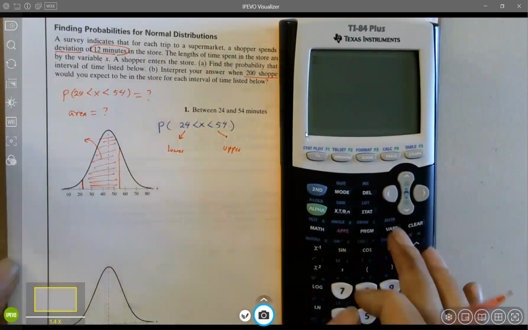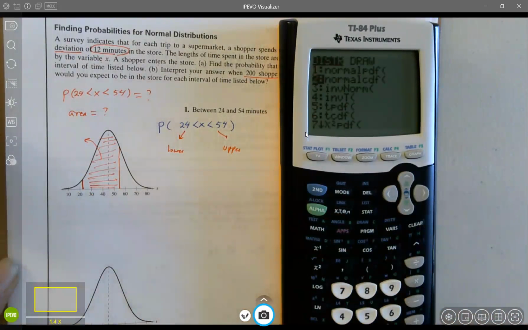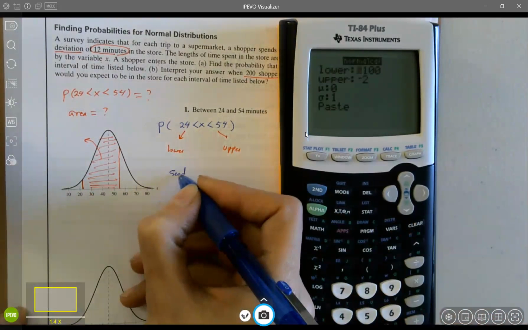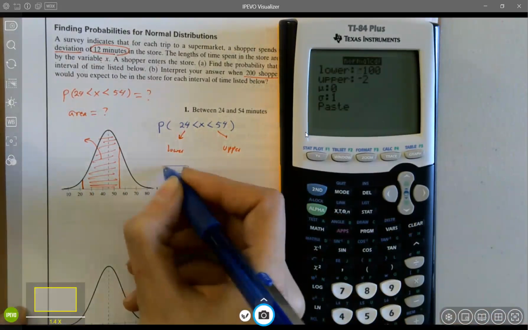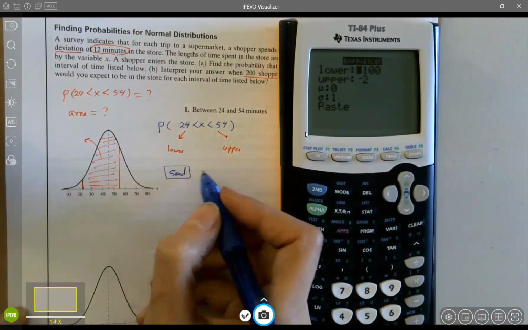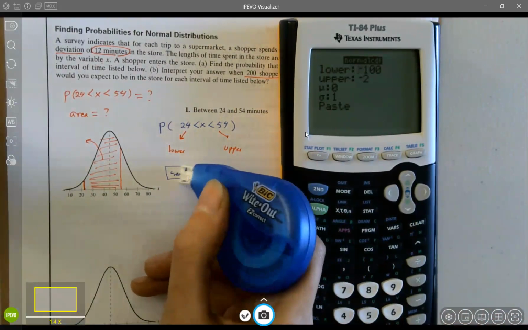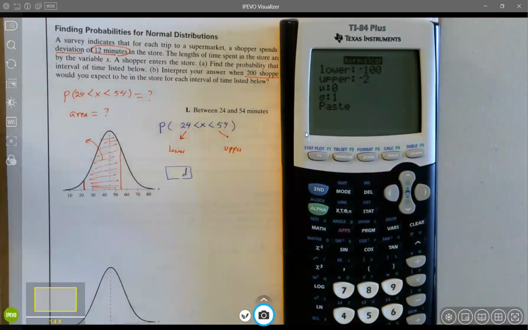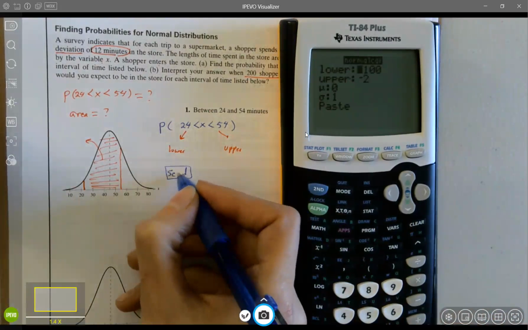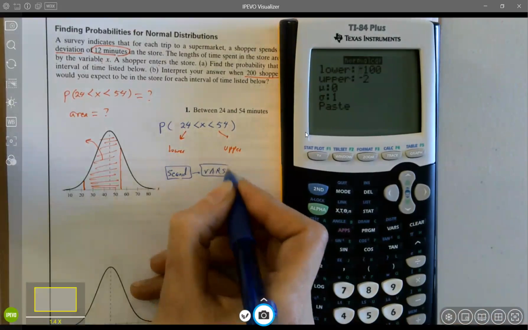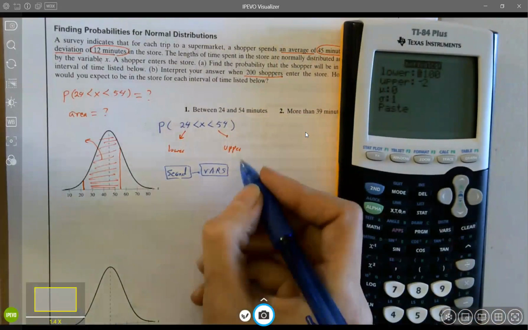So, second, VARS, normal CDF. Write all the steps.